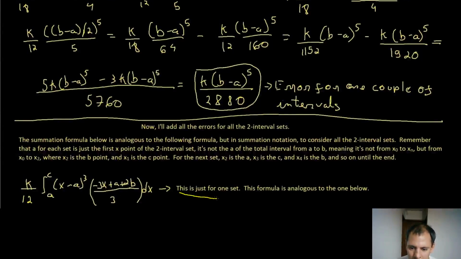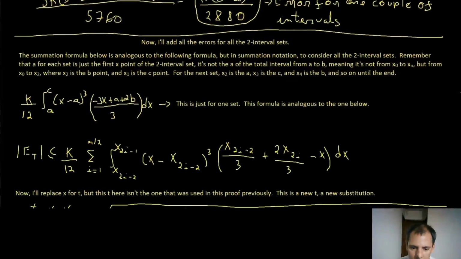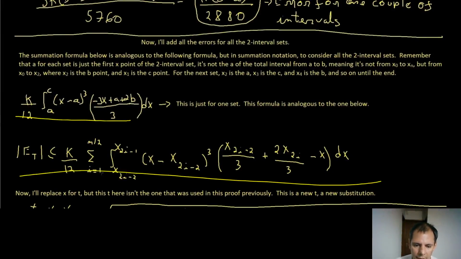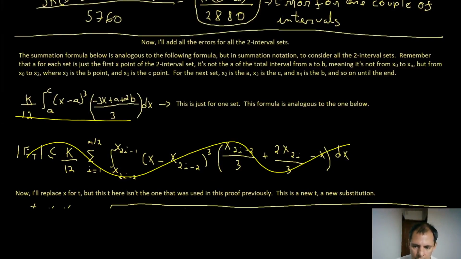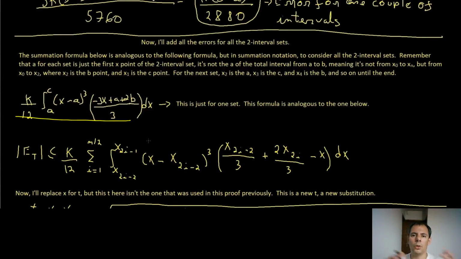Okay, this is just for one set. This formula is analogous to the one below, because the one below is going to be in composite form, in summation form. So this equals this. But this thing in here is accounting for everything. It's going to get the first 2 interval set, the second 2 interval set, the third 2 interval set, all the way to the end, because we're going to have to sum these things up.